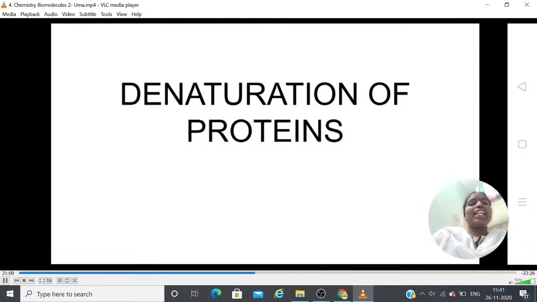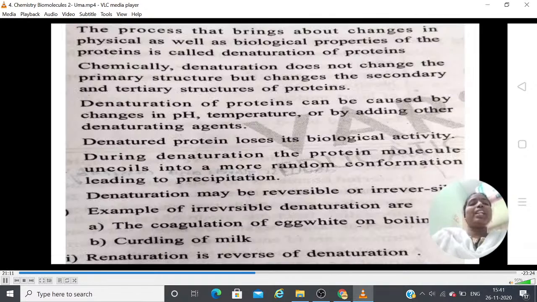Let's next go to denaturation of proteins. Denaturation of proteins means the process that brings about changes in physical as well as biological properties of the proteins.